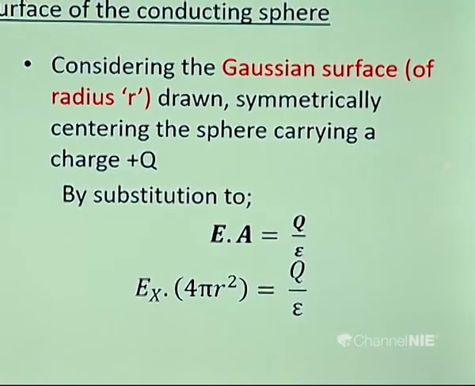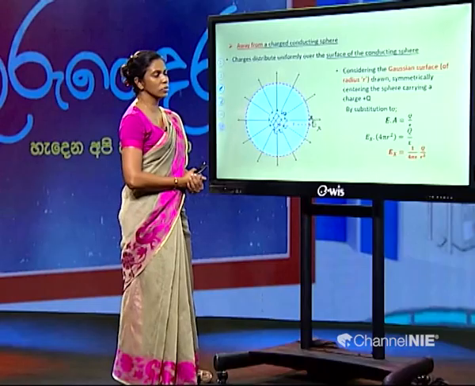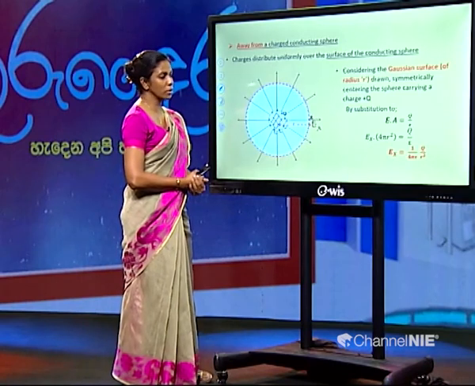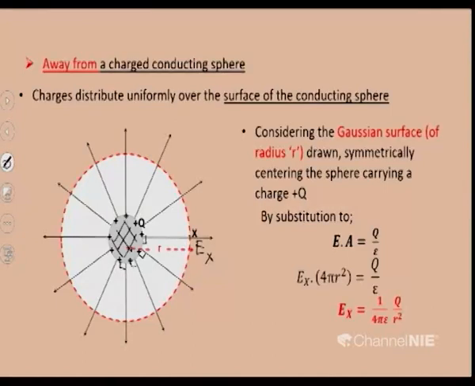So, if I solve for Ex, I come to the equation 1 upon 4 pi epsilon times q by r squared. This shows a very important result. That was the same result we got when we had a point charge plus q at a distance r from it.